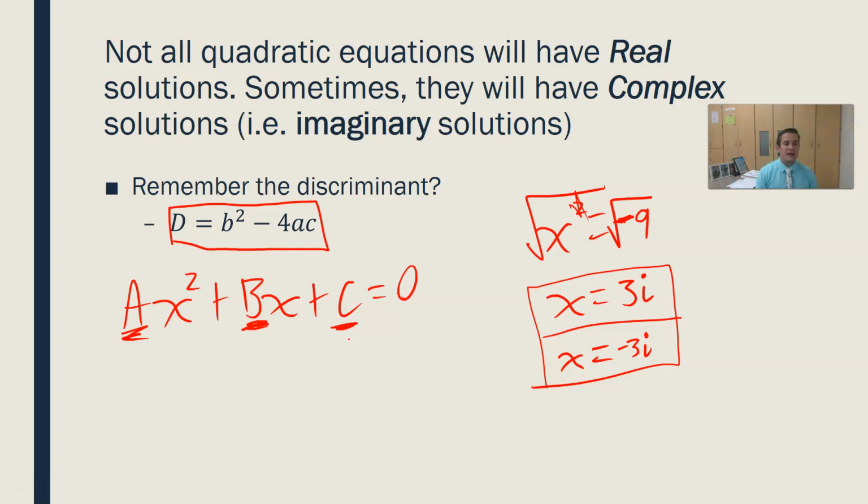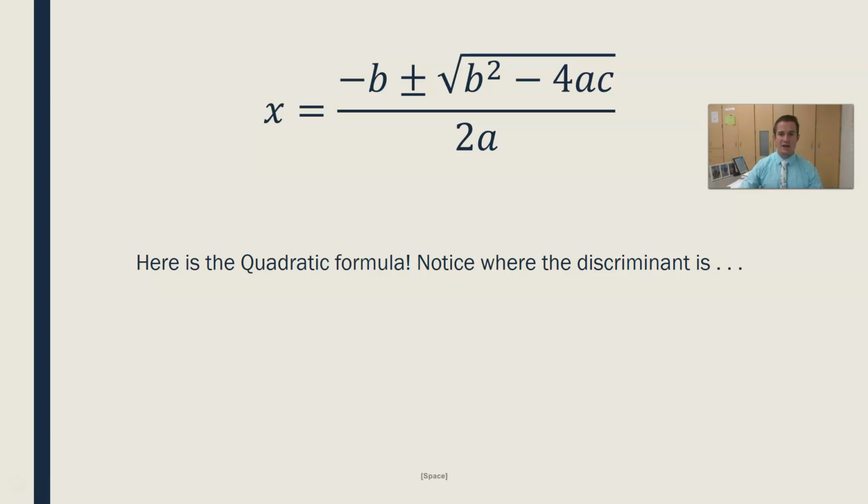And that told me what kinds of solutions I had and how many of them. So the situation was either I'd have two real solutions, one real solution repeated twice, or two imaginary solutions. If the discriminant is positive, I'll have real solutions. If the discriminant is negative, I'll have imaginary solutions. And if the discriminant was 0, I had one real solution repeated twice.